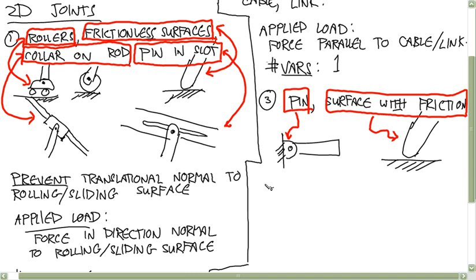Okay, what motion does it prevent? That's right. It prevents translation along either dimension, either axis, right? So any translation. And in order to prevent any translation, what kind of load do you need to apply?